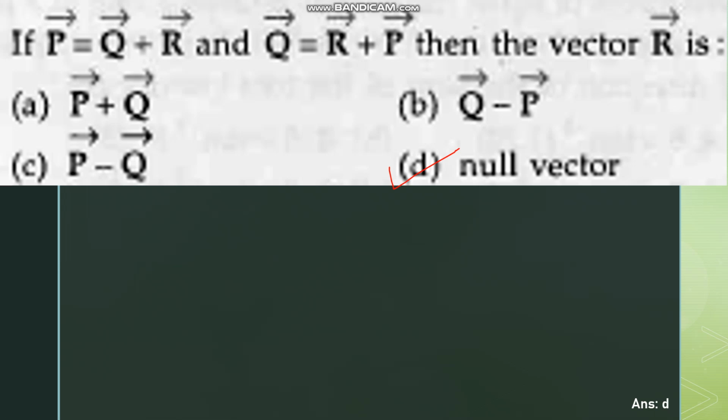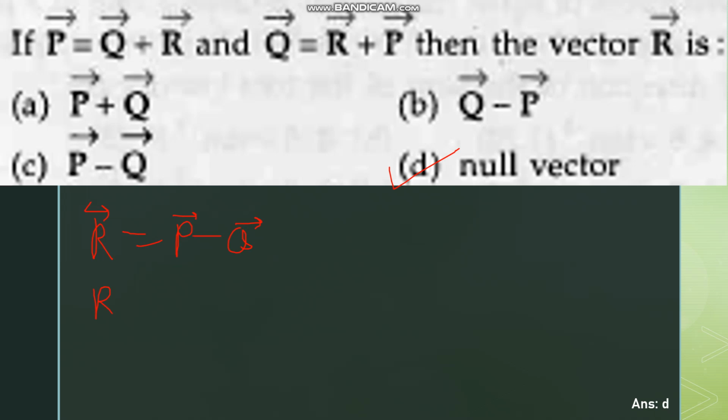It's given P vector equals Q vector plus R vector and Q vector equals R vector plus P vector, right? Now first of all we can write R vector equals P vector minus Q vector.